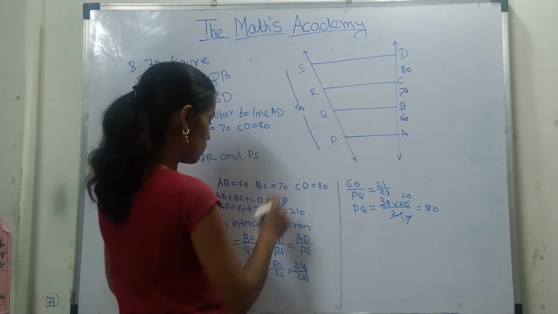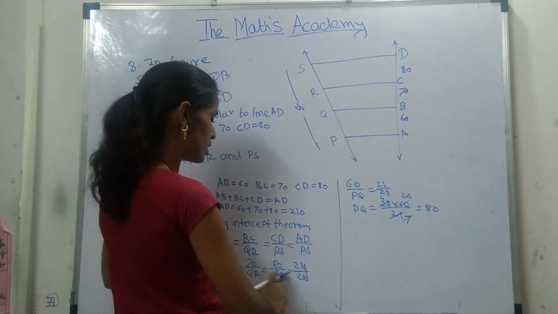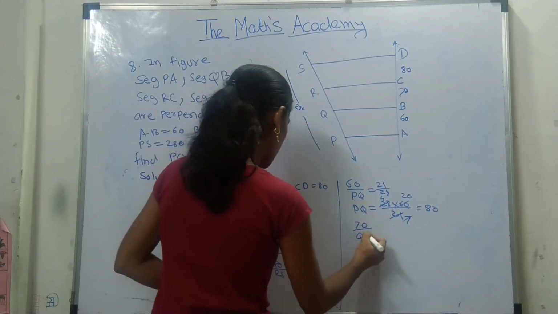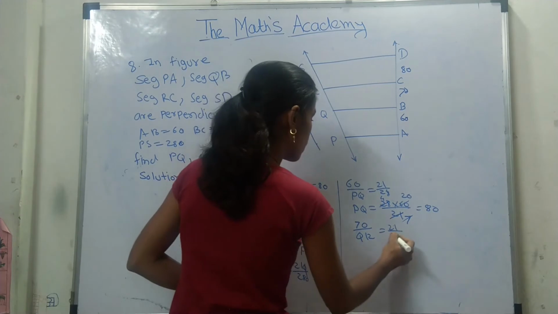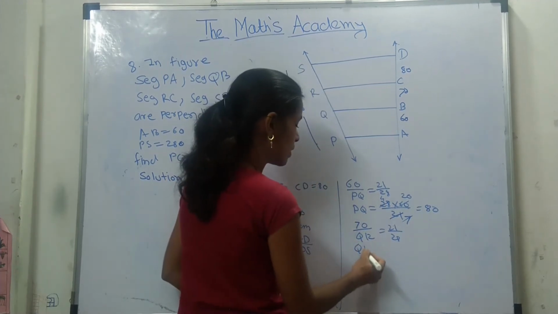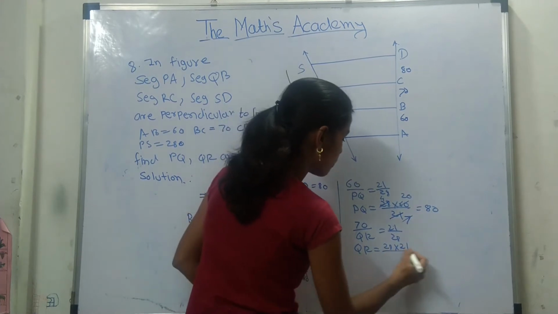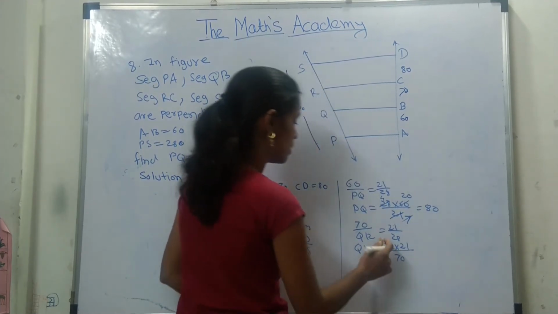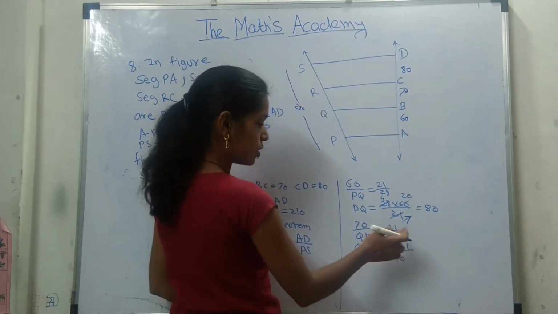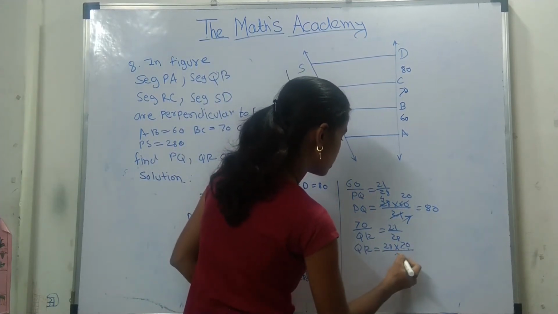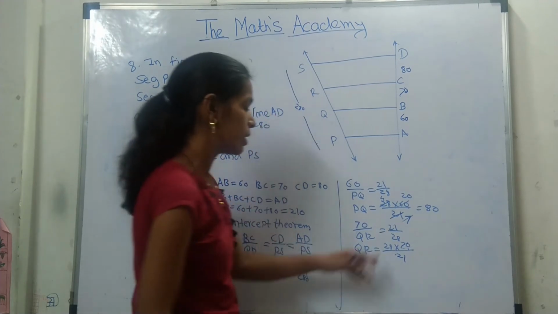Then after PQ, to find QR, equate this ratio with the last ratio, that is 70 upon QR is equal to 21 upon 28. By cross multiplication, you will get 28 into 70 upon 21.